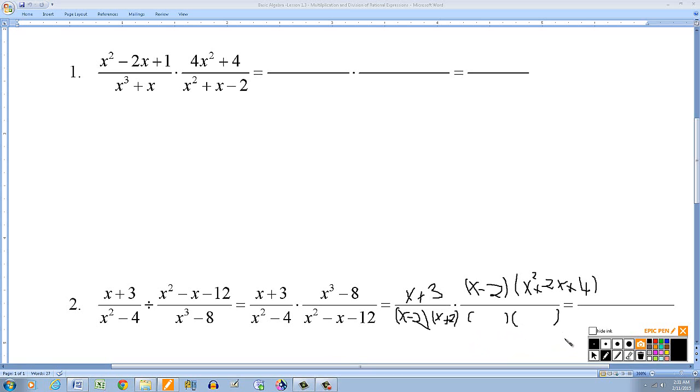So the only option I have, and I know those signs have to be different also because it's a minus 12 instead of a positive 12. So this then would be x minus 4 and x plus 3.